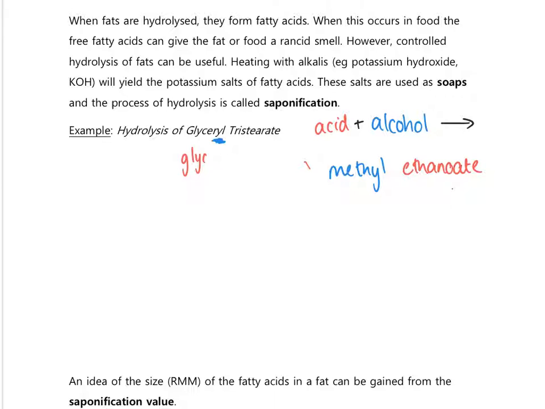So that came from glycerol, and then this one came from stearic acid. Can you see how I've changed my ic to ate? So that's how we name that. Oleic acid would form glyceryl oleate.